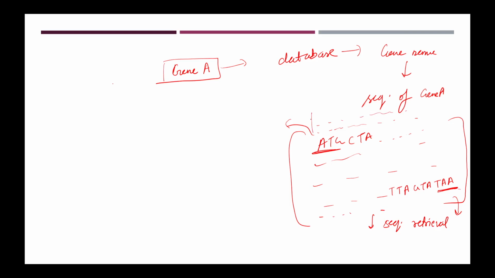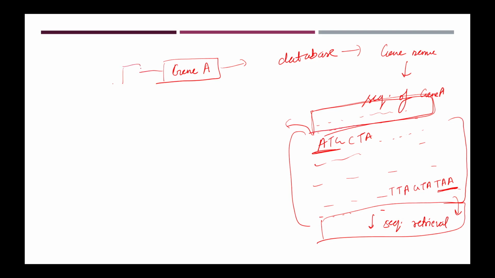You take that sequence, this portion and this portion, this entire sequence you have now. Now you want these two homology arms.